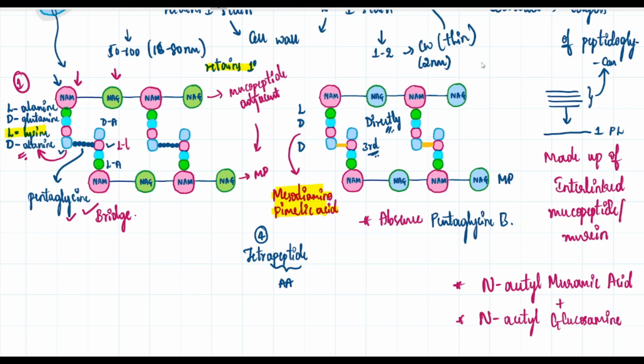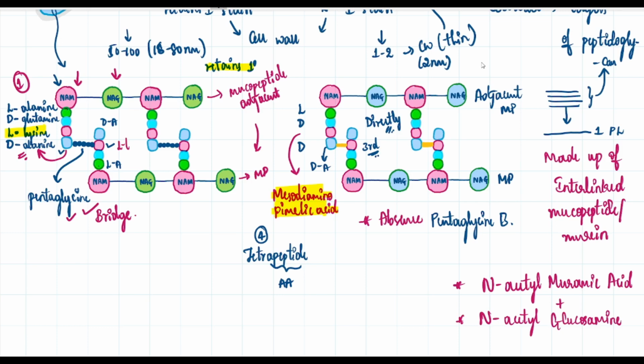But here, the third amino acid, meso-diaminopimelic acid, is directly attached to the terminal amino acid of another tetrapeptide side chain of the adjacent mucopeptide. So this is D-alanine. Remember, the terminal amino acid is always D-alanine. The one that is attached to N-acetyl muramic acid is L-alanine.